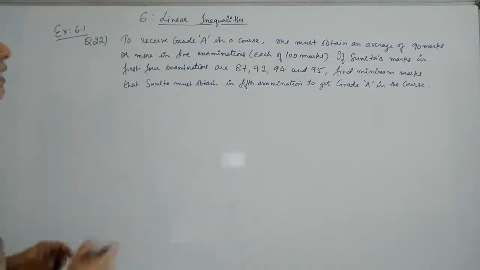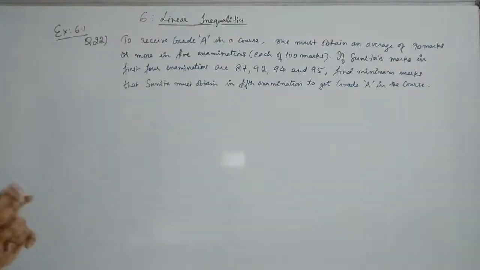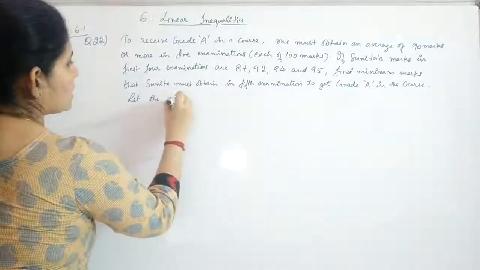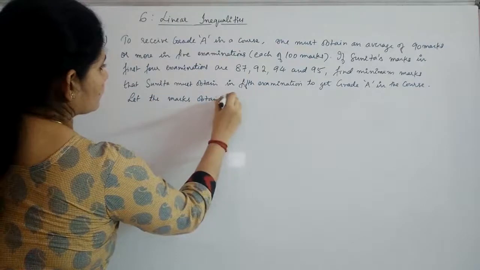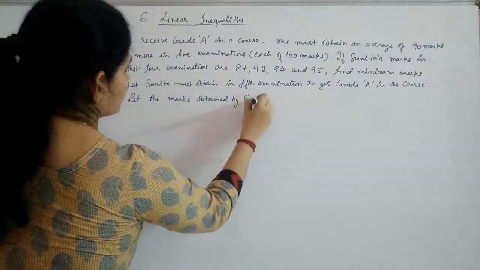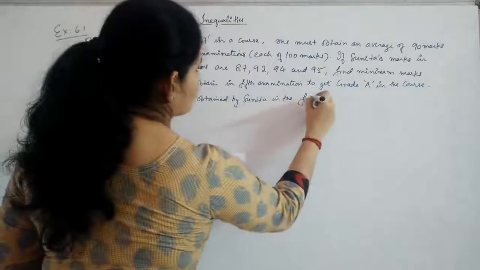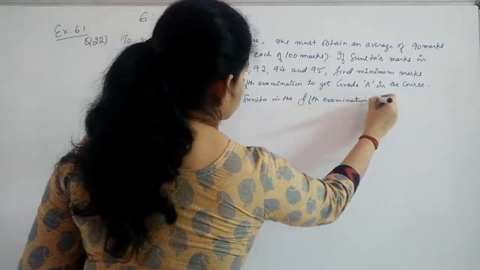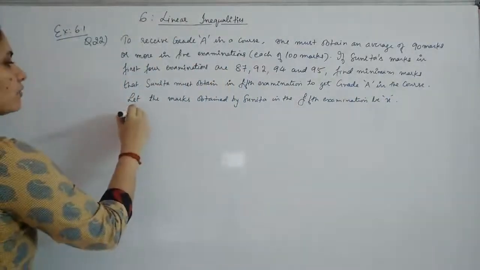Okay. So what we are taking is, let the marks obtained by Sunita in the 5th examination be x. Okay, so what will be the average of all the 5 marks?